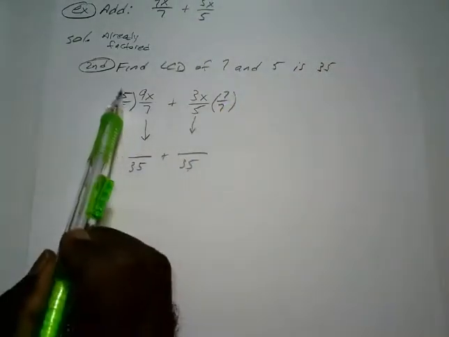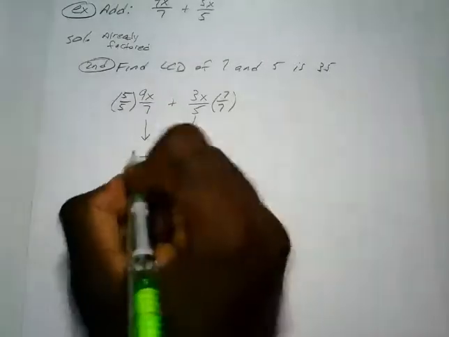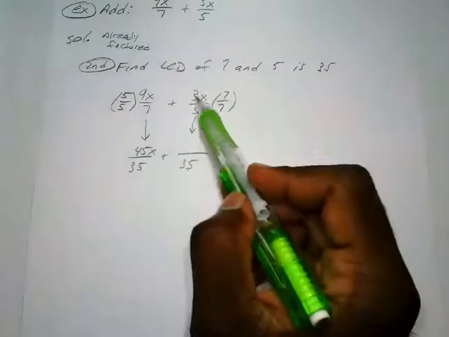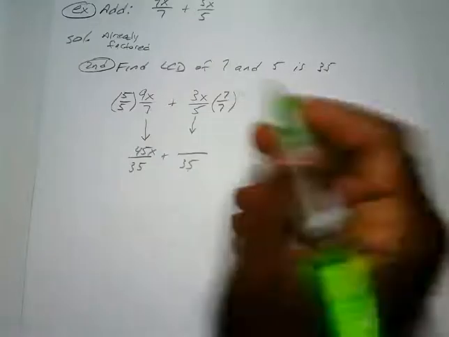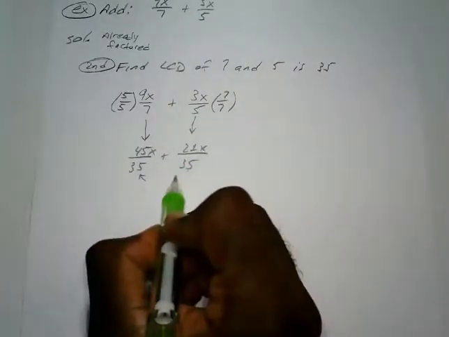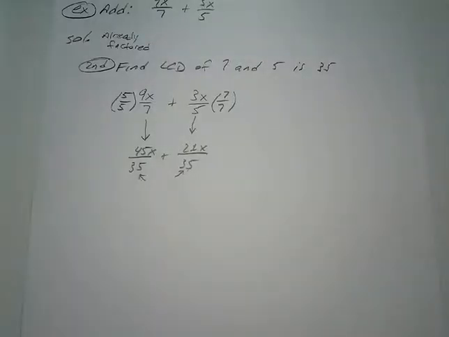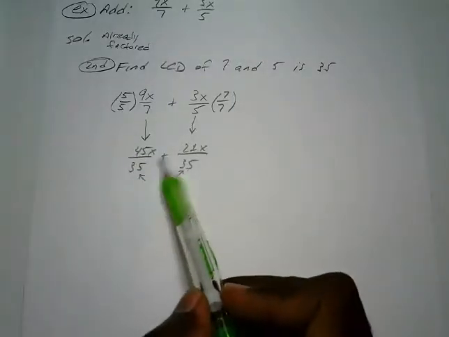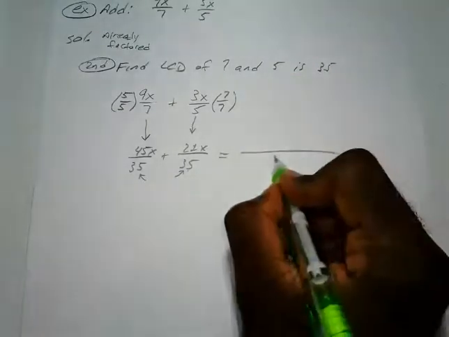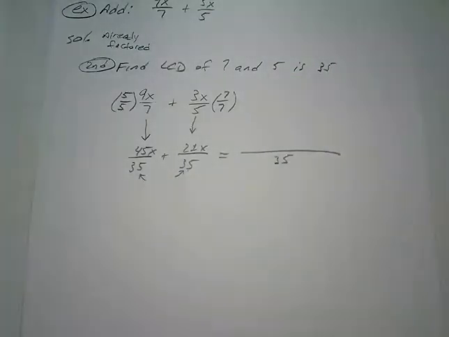Okay, so we have 5 times 9x, which is 45x, plus 3x times 7 is 21x. Okay, so we have our like denominators. So something over 35 plus something over 35 is going to equal something over 35.